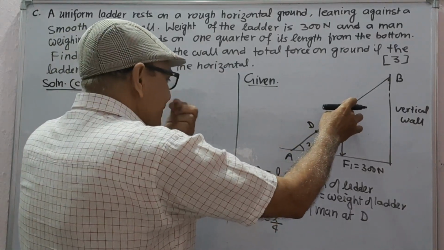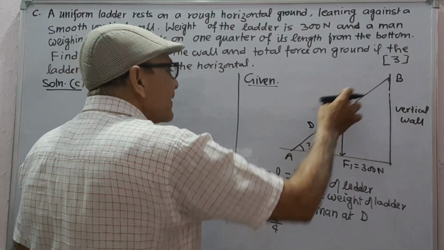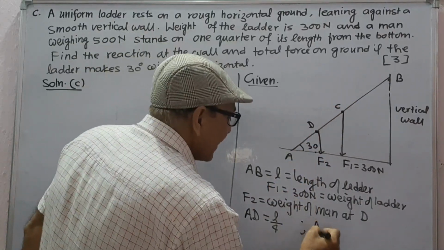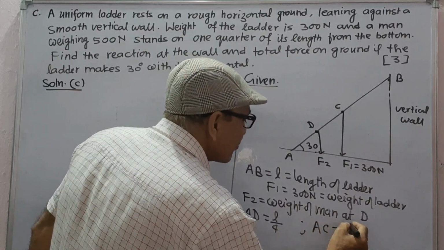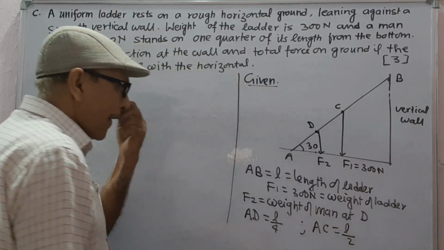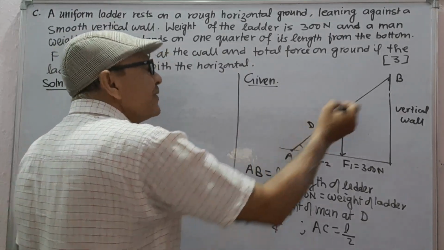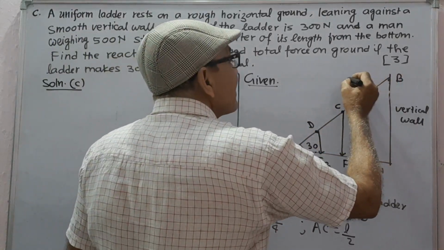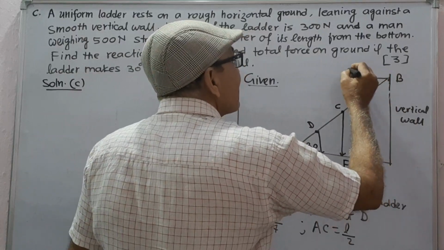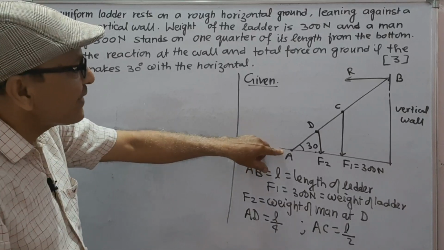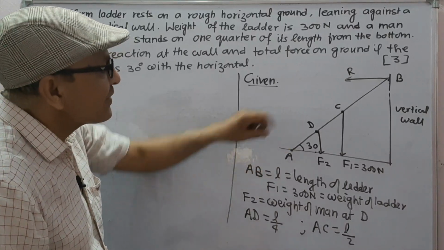This is the center of gravity of the ladder. Therefore AC will be equal to L by 2. We have to find the total force on the ground and the normal reaction. R is the normal reaction and we have to find the force on the ground.